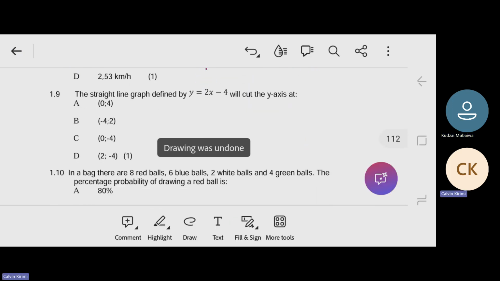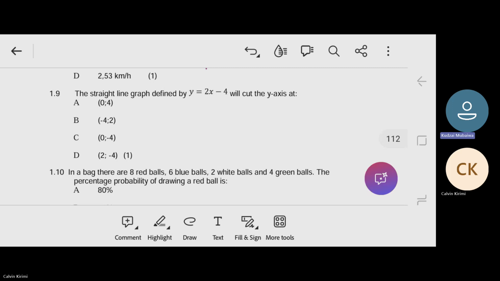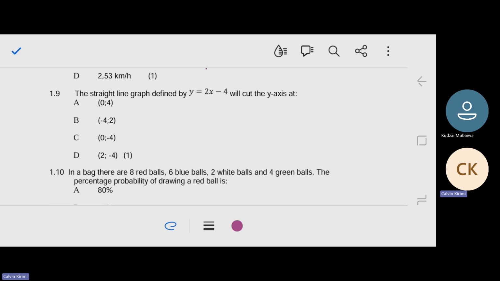A straight line graph defined by y equals 2x minus 4. Where will it cut the y-axis? They want the coordinates where the graph is going to cut the y-axis.